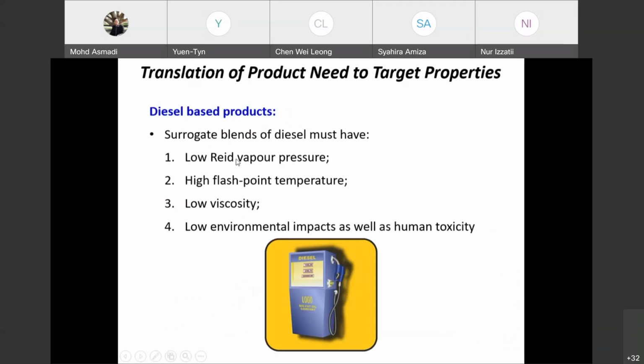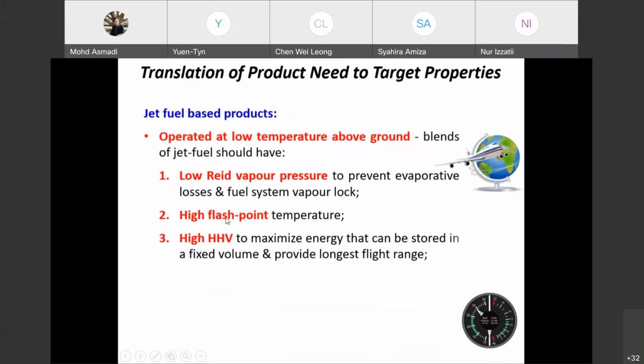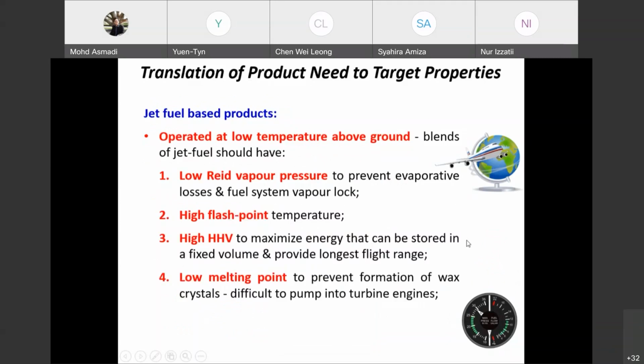So this is the target properties. For jet fuels, the red one is the target properties and the rest are the needs, which is quantitative and qualitative.